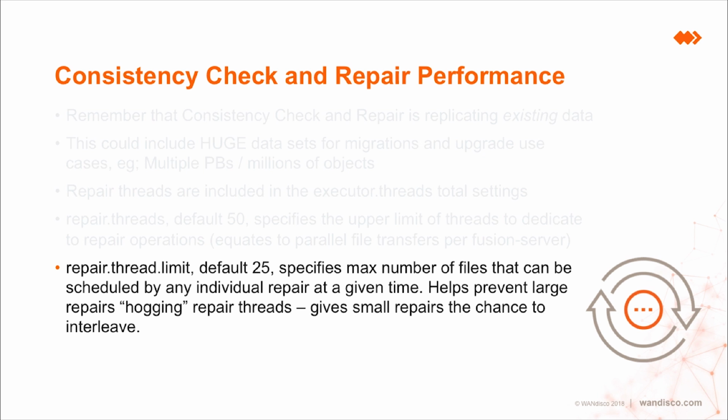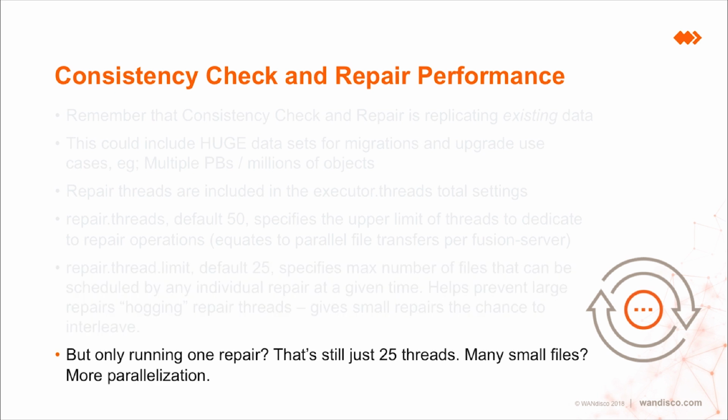This helps prevent large repairs from hogging the repair threads. It gives small repairs a chance to operate. If you only run one repair, still, that's only 25 threads, many small files, more parallelization.